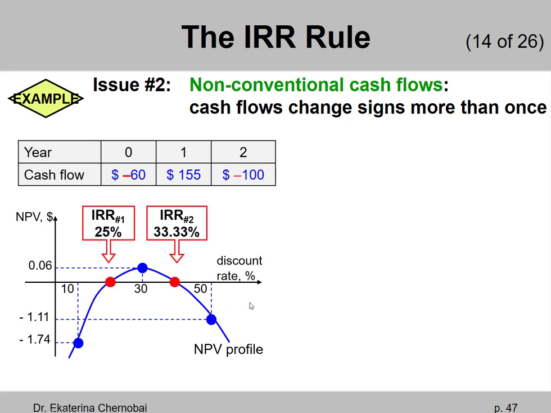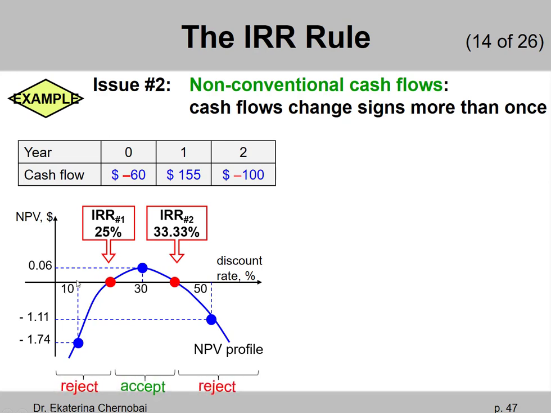In this particular example, what's going to happen is something pretty complicated. There is one range of discount rates for which the net present value is positive, and that allows us to say accept the project. That's when the discount rate is between the two internal rates of return, between 25% and 33.33%, the second IRR.